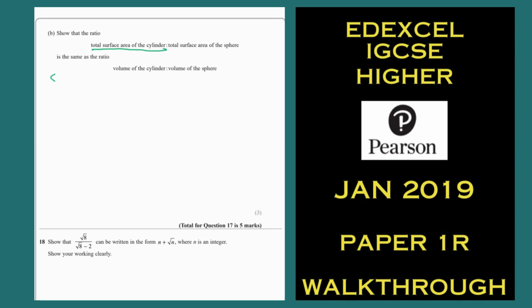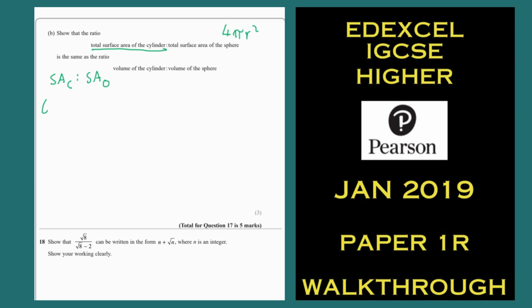So surface area of the cylinder to surface area of the sphere. Well, you should have flicked back to your formula page, because the sphere is 4 times pi times the radius squared. Well, let's just stick all that in and see what happens.